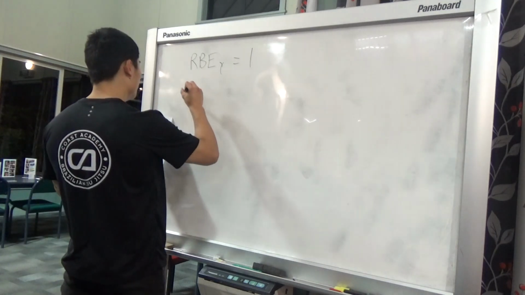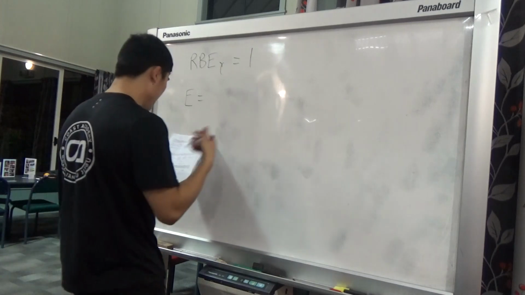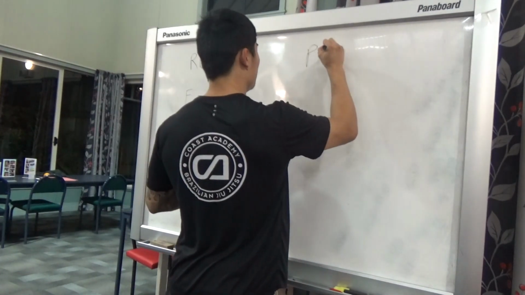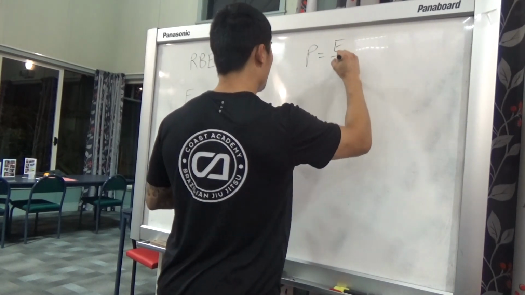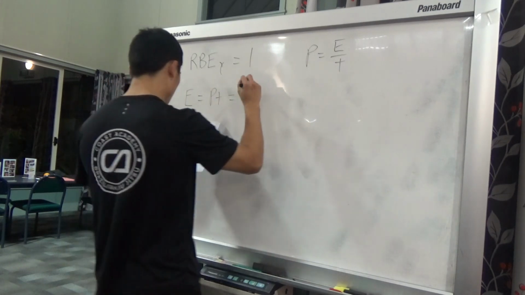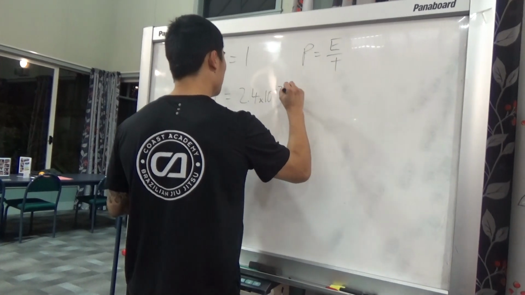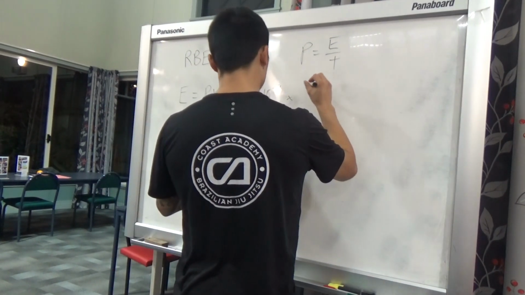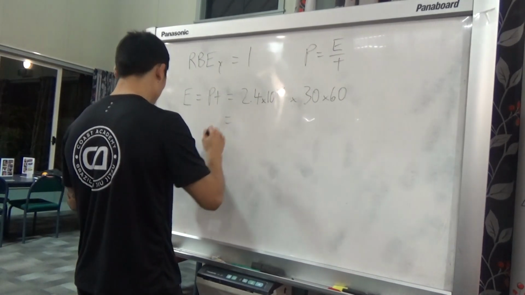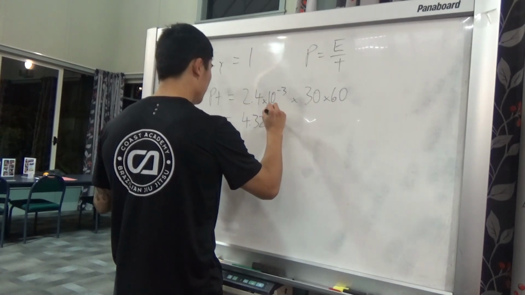So what we're going to do is find out the energy that the tumor has received. Remember that power is equal to energy divided by time. So energy is equal to power multiplied by time. So 2.4 times 10 to the negative 3 times the time, which is 30 minutes, so 30 times 60. And that will be 4.32 joules.